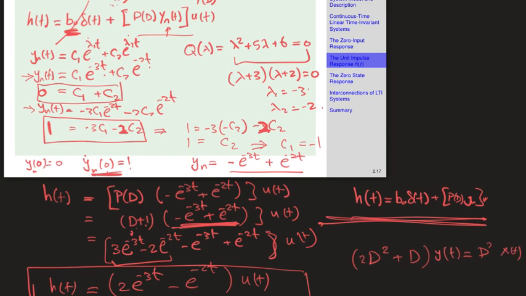In this case, the coefficient of this term is going to be your b naught. So the highest derivative, which should be the same order as the highest derivative on the other side, the coefficient of that highest derivative is your b naught.